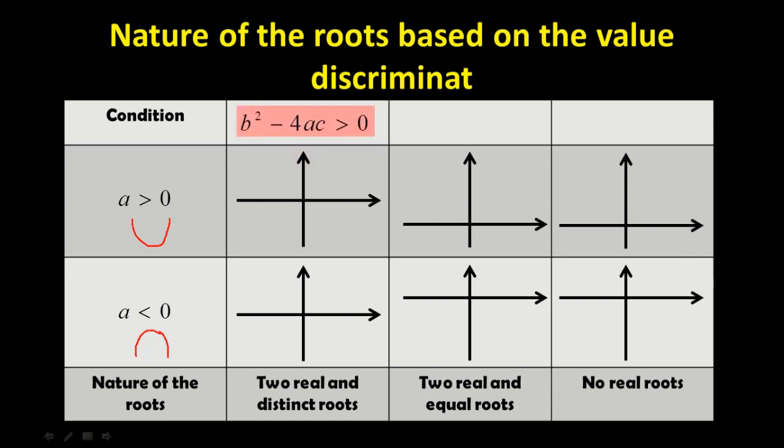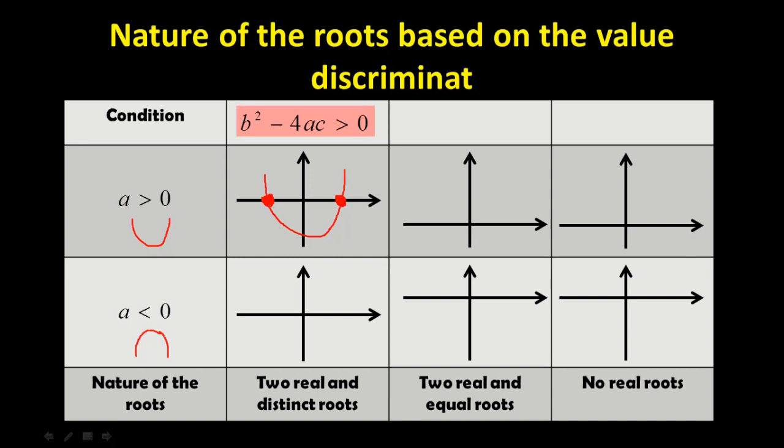So for the first one, b squared minus 4ac greater than 0. When we want to illustrate on the graph, it will look like this. So we have two roots, one here and another one here. Two real and distinct roots.